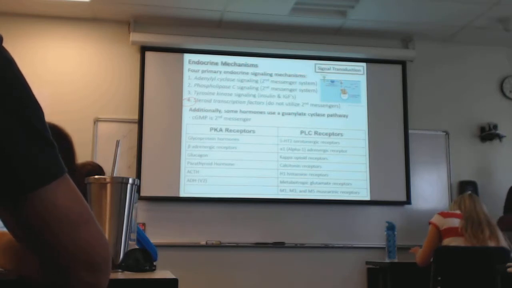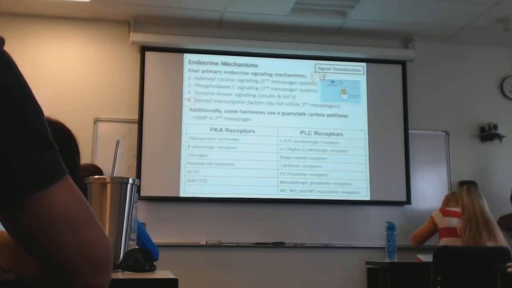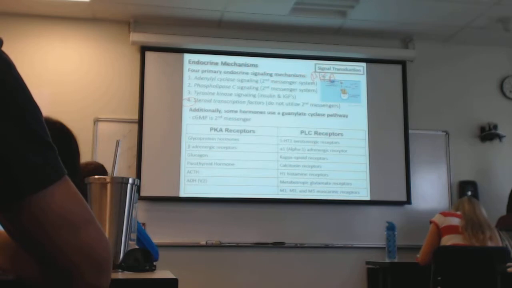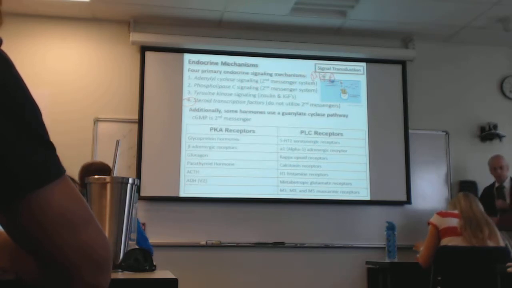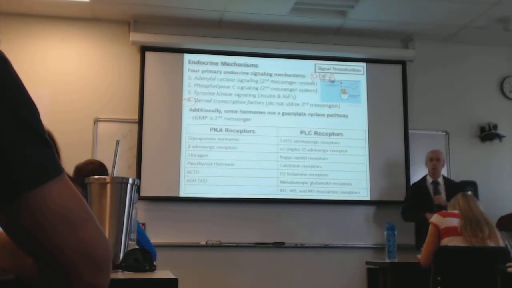There's the adenylyl cyclase pathway, also called PKA, protein kinase A. Number 2, the phospholipase C, or PLC pathway. And then the third one is used by insulin and a lot of the growth factors.